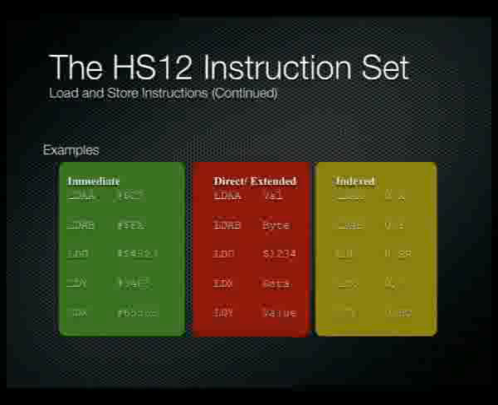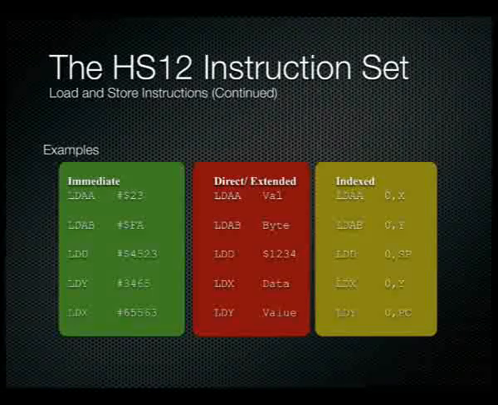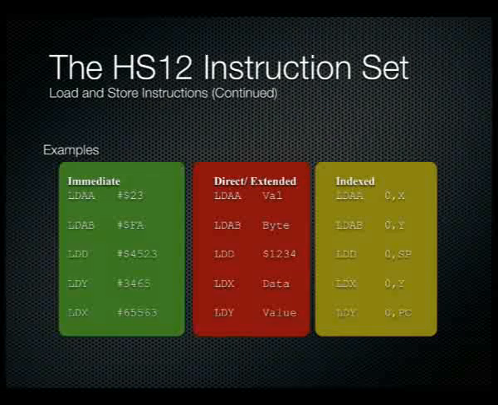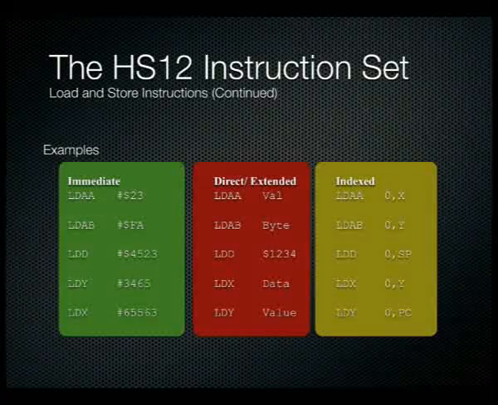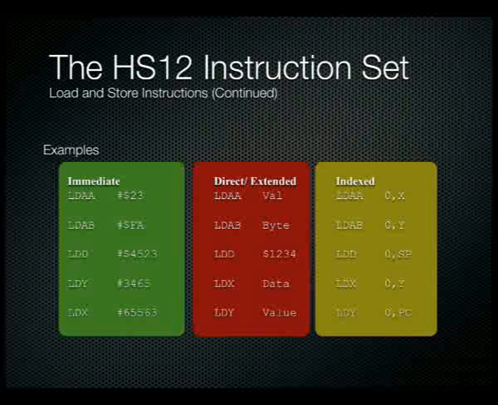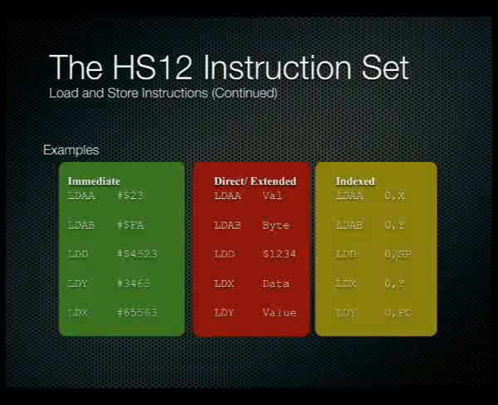So to give some examples of using these commands using various addressing modes that we talked about in the last topic, when it comes to immediate addressing, we're simply loading the value that directly follows the actual instruction. So, for example, if we're going to load 23 into accumulator A, then it's simply LDAA #$23.